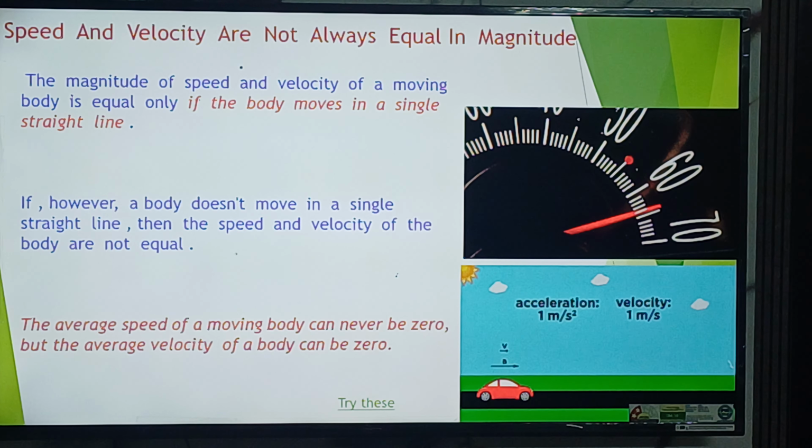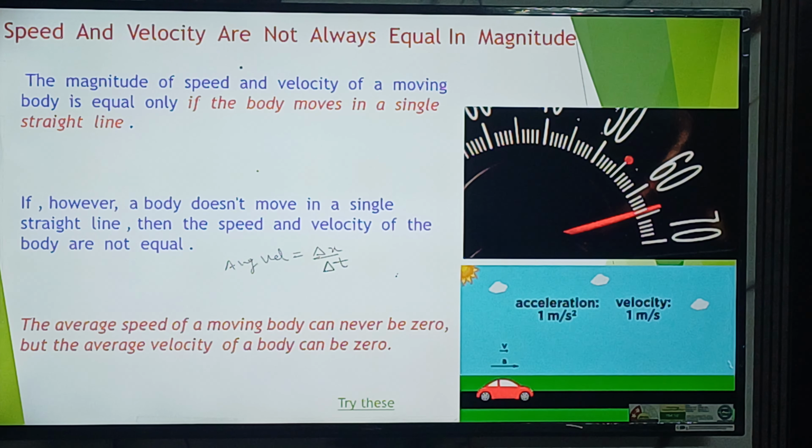So children, what have I told you, what is average velocity? Average velocity is equal to change in displacement upon change in time interval. So what is change in displacement?